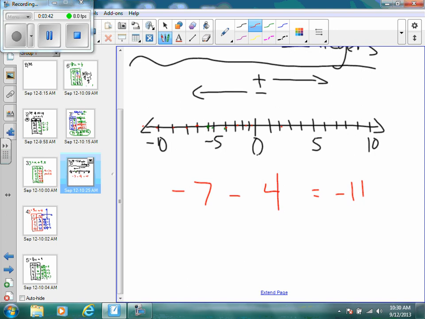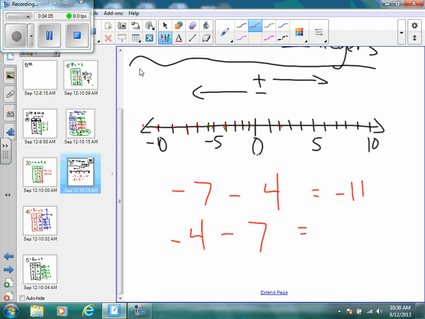Okay. Well, they're both negative. So I would start at negative 4 there, go 7 places to the left. 1, 2, 3, 4, 5, 6, 7. Did it put me at the same spot?